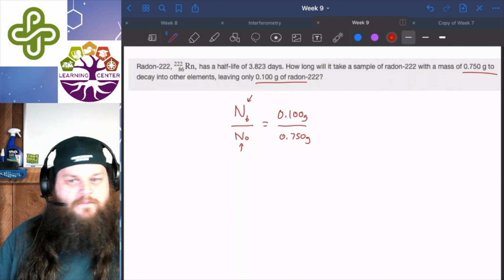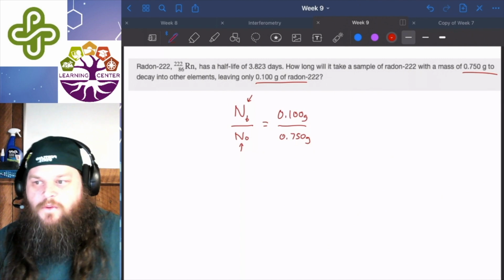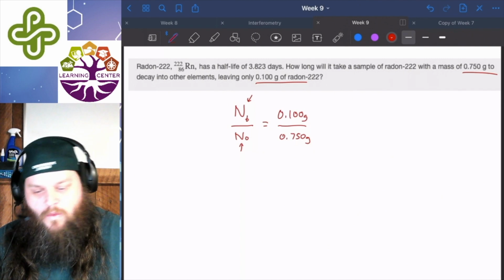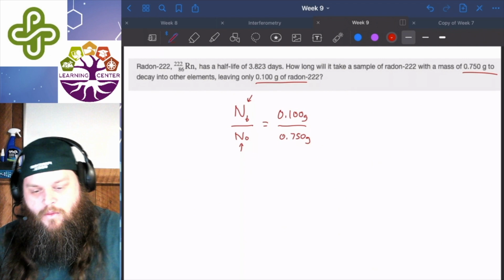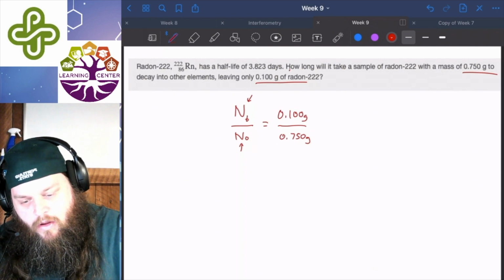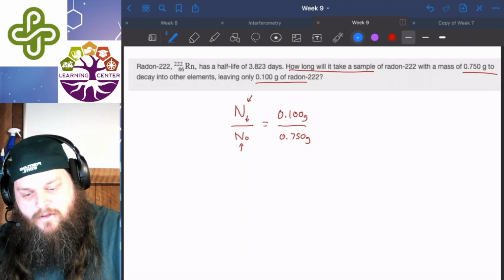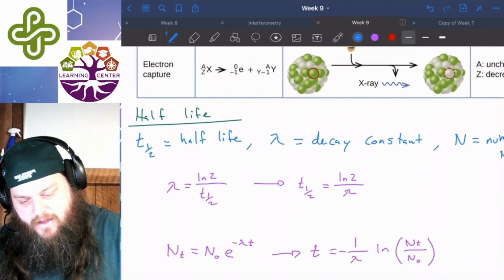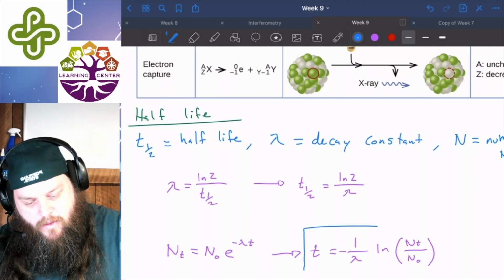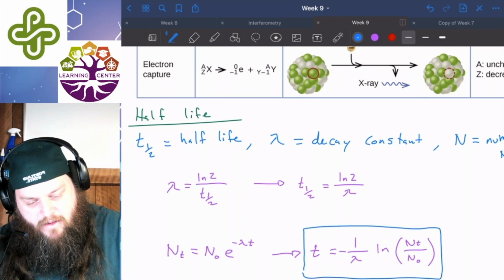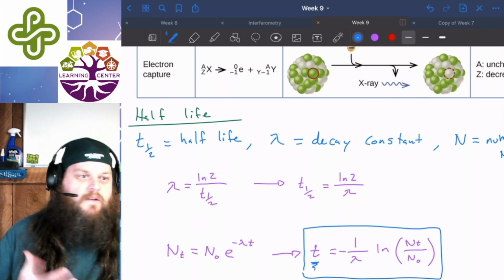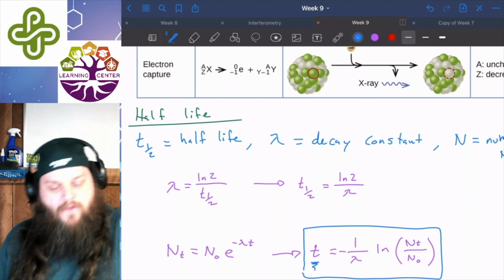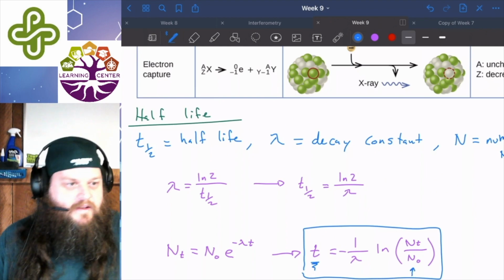So using that to our advantage, we want to find ultimately how long it's going to take for this sample to go down. So looking at our equations back here, that's telling me I want to use this equation to find out t. How long is that going to take? And I just defined what this ratio is here.